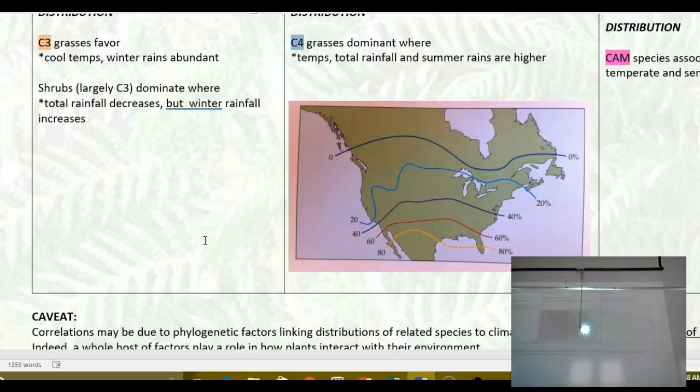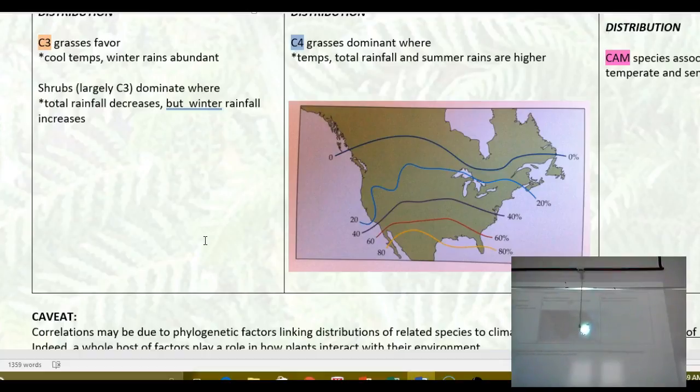Studies that considered broad distributions, climate factors associated with their dominance, not surprising, physiological differences are associated with differences in distributions. Across North America, percentage of C4 grass species is most strongly determined by summer temperatures. We have that in our notes. C4 grass is most common where summers are warm.